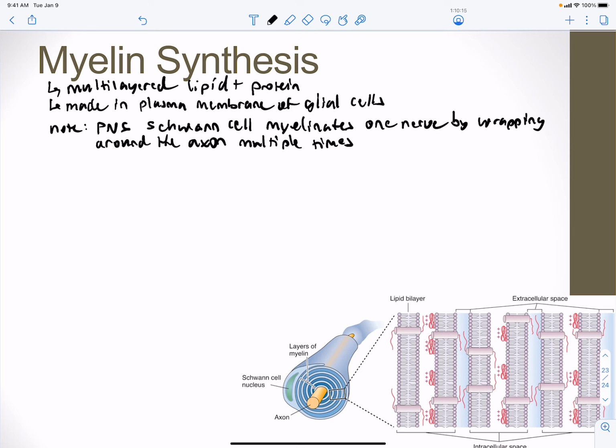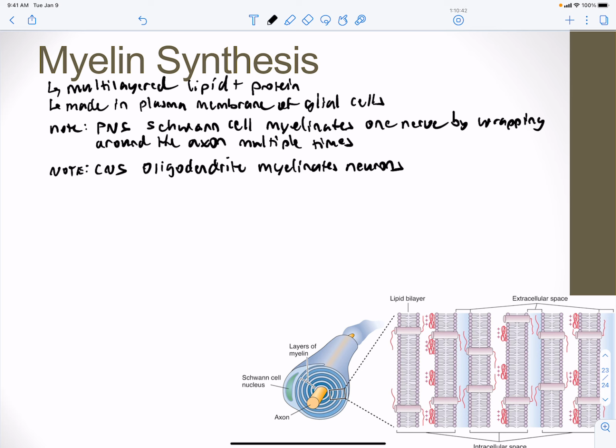In the central nervous system, it's the oligodendrocyte responsible for myelination. And then an oligodendrocyte can myelinate up to 40 axons.